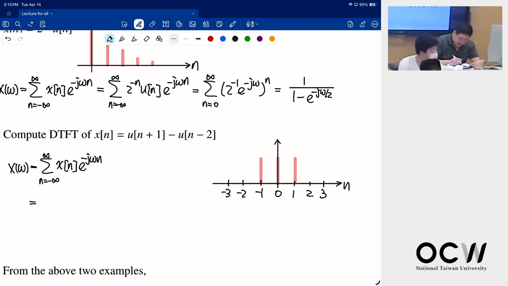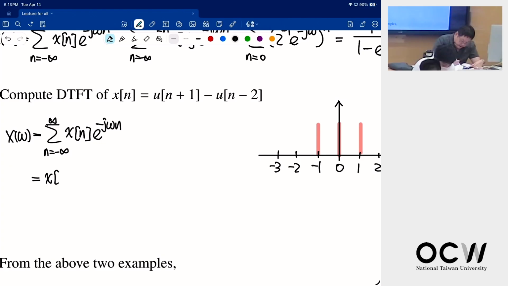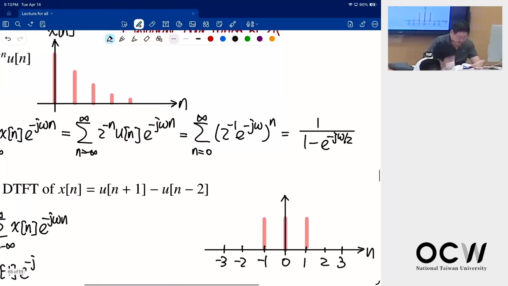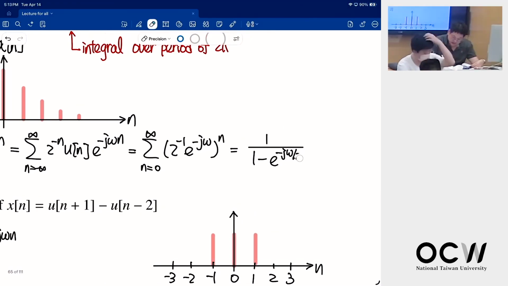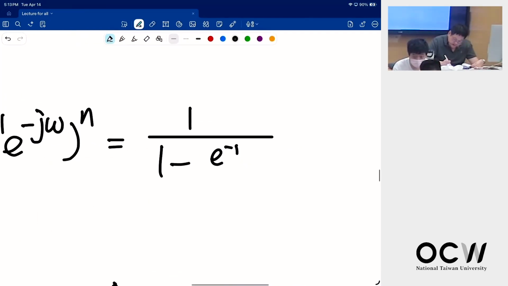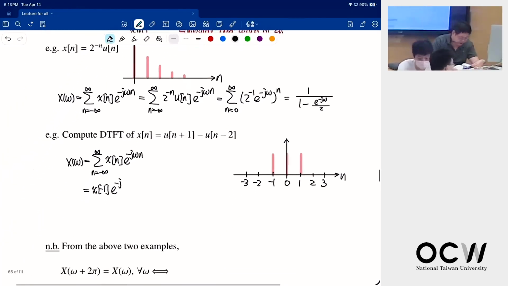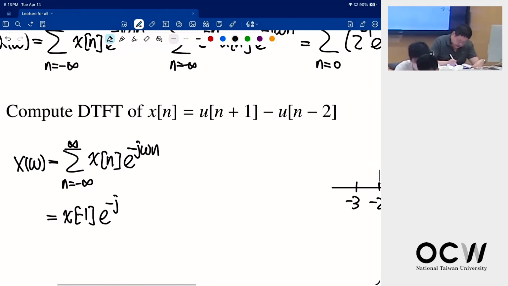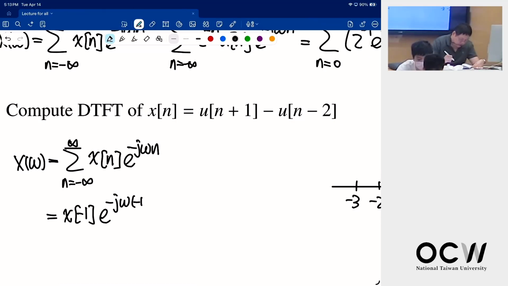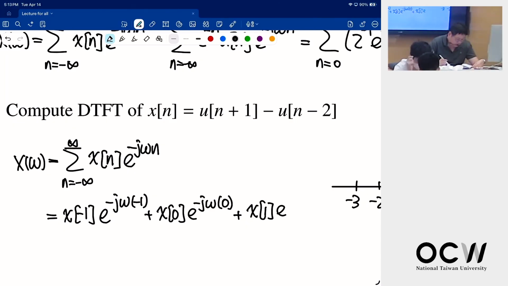Okay, so here we can say x at minus 1, e to the minus j omega times minus 1, and x of 0, e to the minus j omega 0, and x of 1, e to the minus j omega 1.